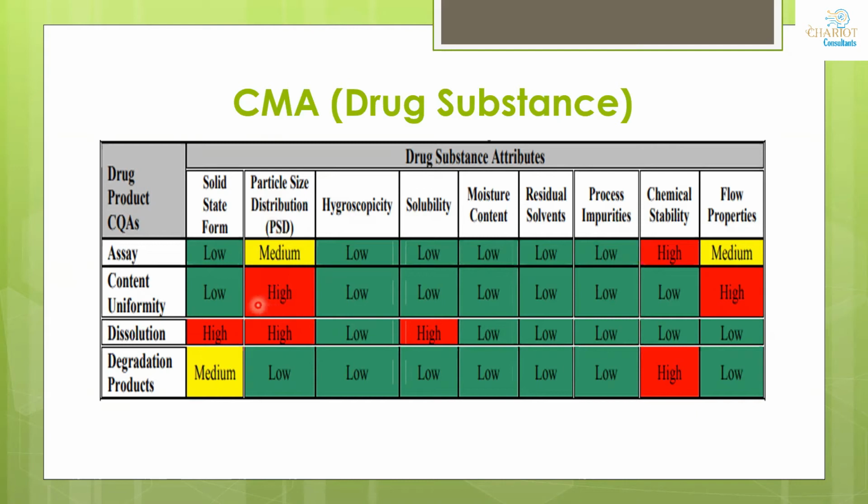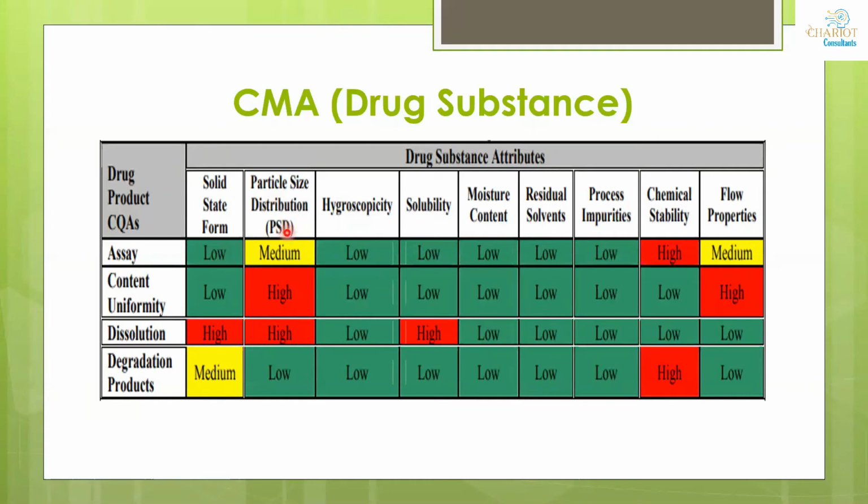If the particle size is not uniform and is coarser, there are chances that the API can segregate in your blend and cause issues with content uniformity. Also, if the flow is not proper, it can impact content uniformity, meaning tablet to tablet API uniformity will not be there.